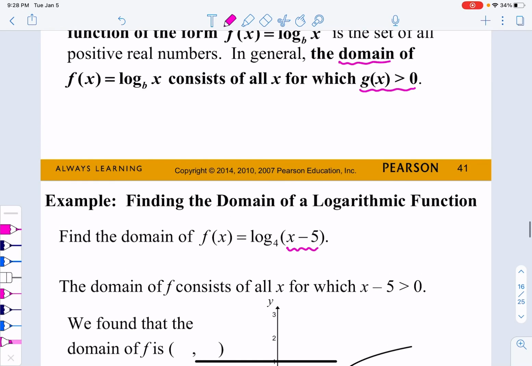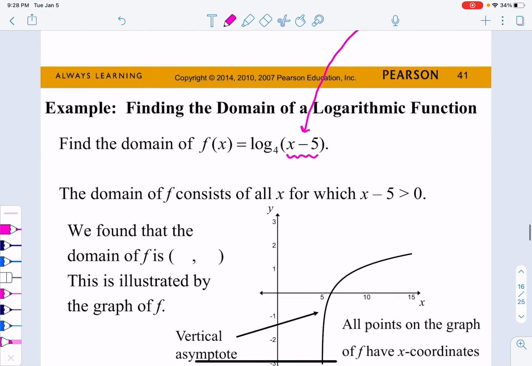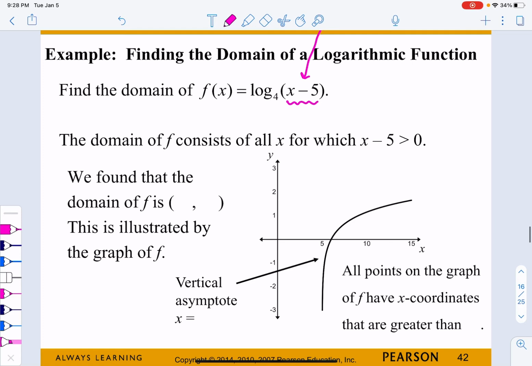It tells us up here that the g of x function, this piece right here, has to be greater than 0 because we have that vertical asymptote at 0. All of those values have to be greater than 0, which means to find our domain, we're going to solve this quick, easy inequality right here.